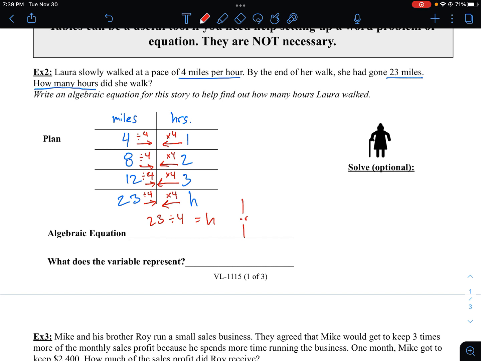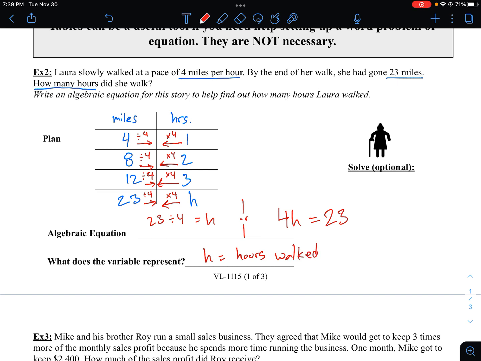So I can say 4 times h, which I don't like how that looks. It looks like 4xh. So 4h equals 23. And that is my equation. I can do either one. What does the variable represent? Well, h is the hours walked.